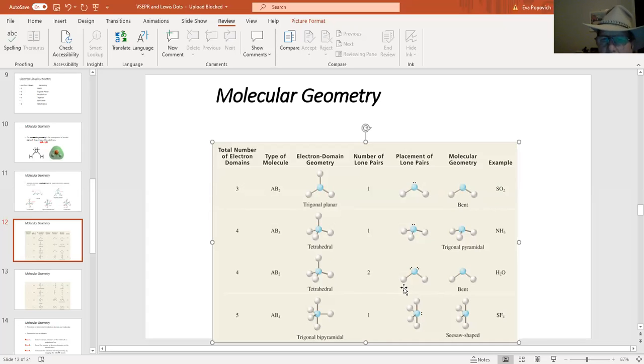So again, I have something that looks like a bent molecule. Only this time I have two lone pairs up here. They push down with even bigger force. So the bond angle here is about 104.5, even less than ammonia's is.